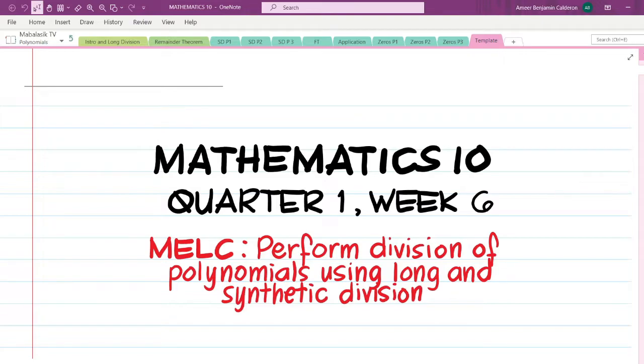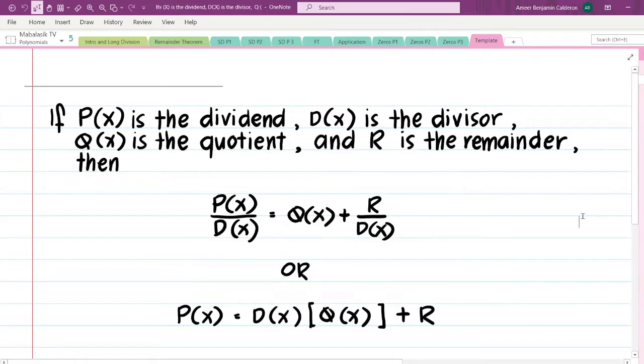Since we are going to perform division of polynomials, let us first have this concept on how we are going to express the quotient. If P of x is the dividend, D of x is the divisor, Q of x is the quotient, and R is the remainder, then P of x over D of x is equal to the quotient plus the remainder over the divisor.